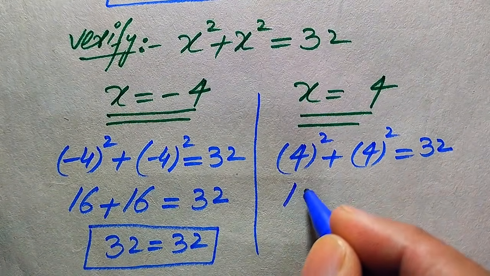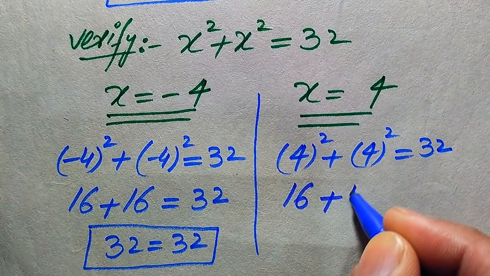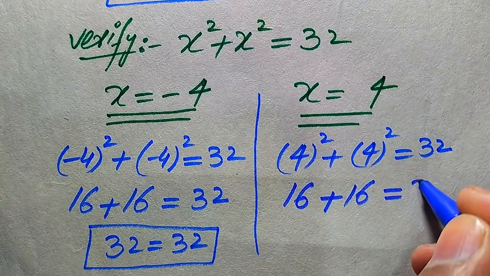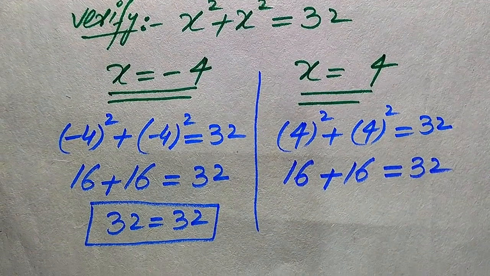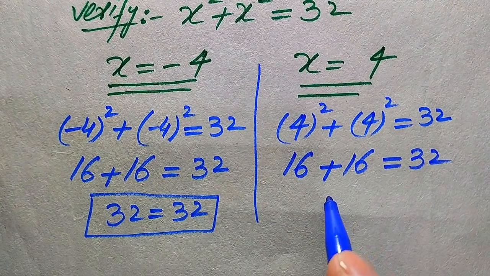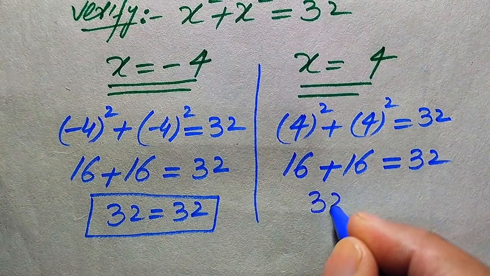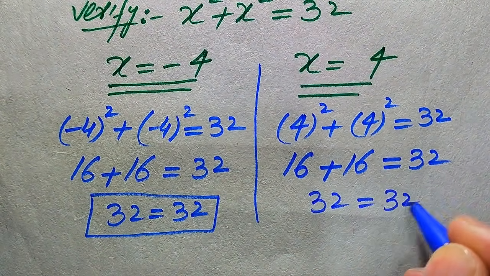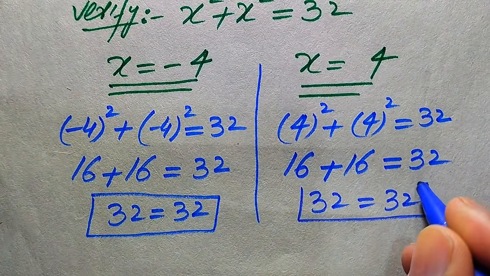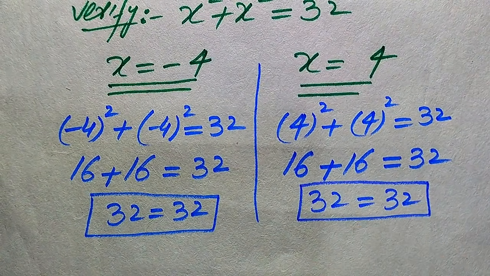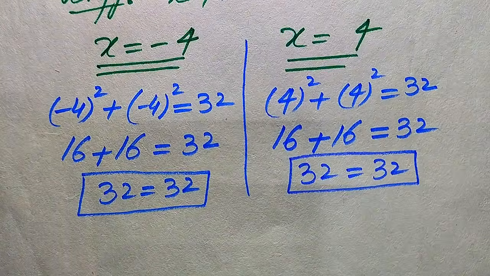In that case we again get 4 square becomes 16, and this 4 square also becomes 16, is equal to 32. And now in the next step, you see this 16 plus 16 becomes 32 is equal to 32. So this means that the second value of x also satisfies our given question statement.